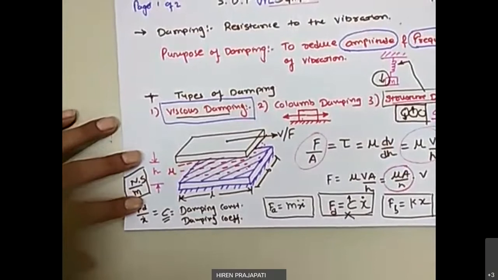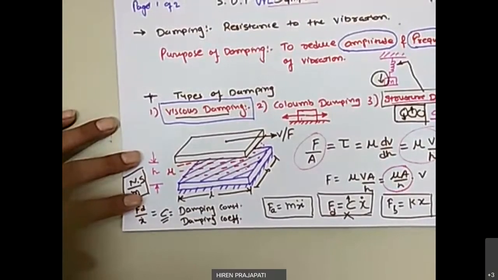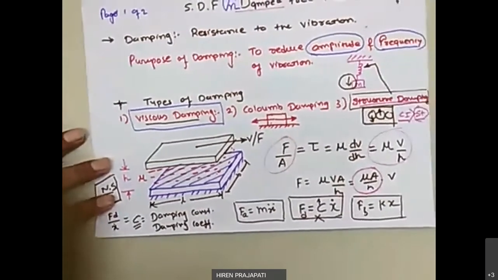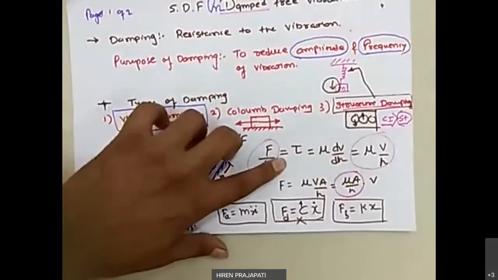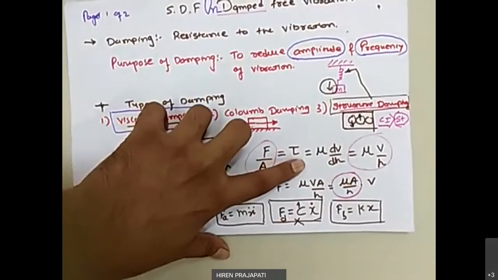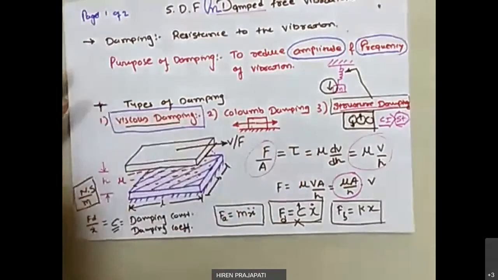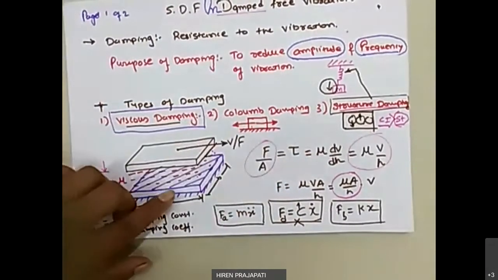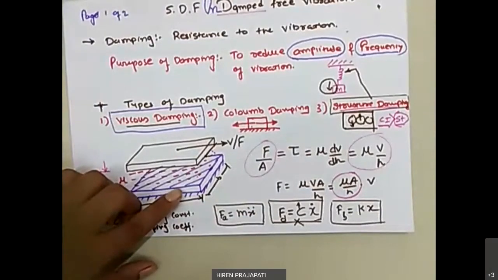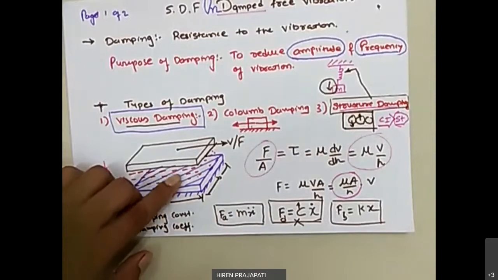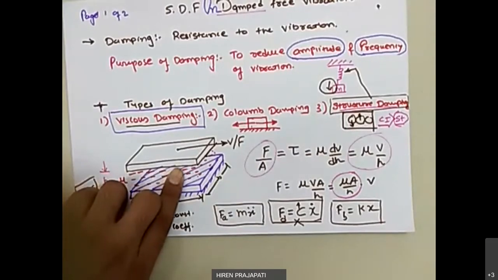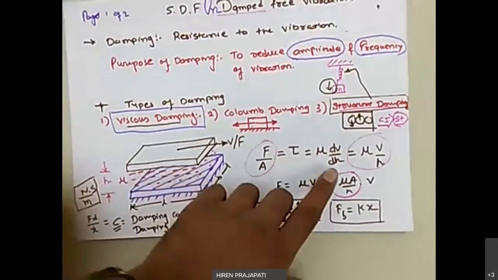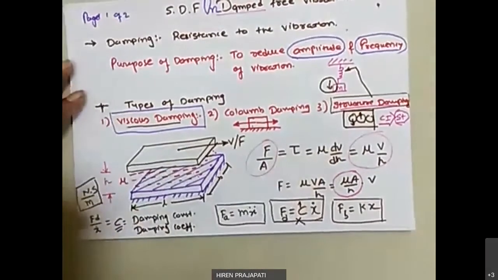Due to the viscosity, based on Newton's principle, tau is equal to mu dv by dh. dv by dh is the velocity gradient, because if you move from the fixed plate to the movable plate, the velocity keeps increasing and you get the maximum velocity at the bottom surface of the movable plate. That is represented by this velocity gradient.